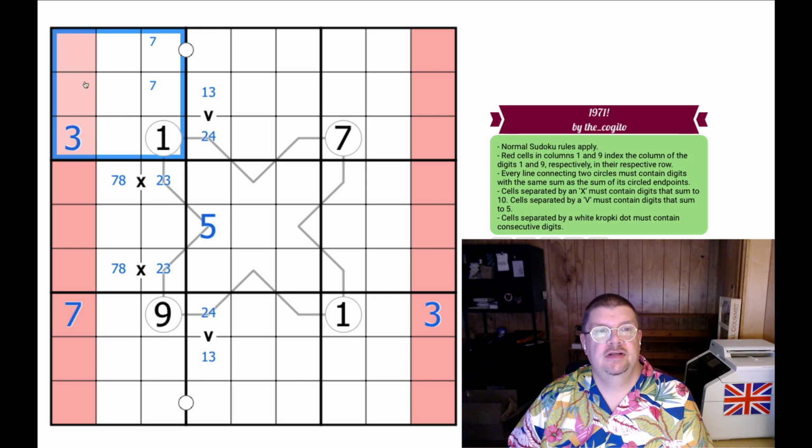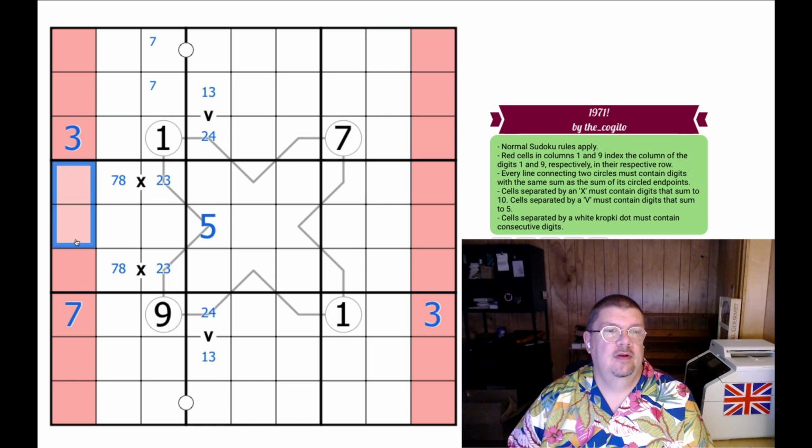So the low digit in here is going to index a 1 somewhere in this box. The medium digit in there is going to index a 1 somewhere in this box. And the high digit here is going to index a 1 into this box. And that will apply for each of the sections in the 1 column and in the 9 column.